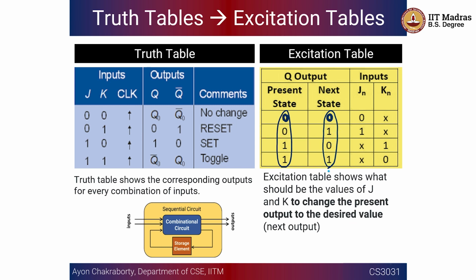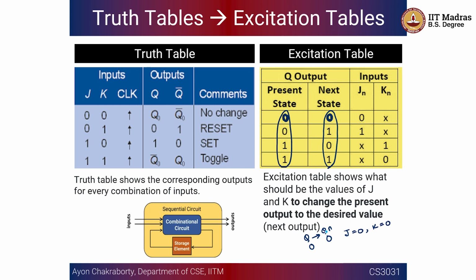One thing is somebody applied j equal to 0 and k equal to 0. So this is originally q equal to 0, and q next is also 0. This could be a memory hold state, right? Because j equal to 0, k equal to 0, I already know that's a memory hold state.